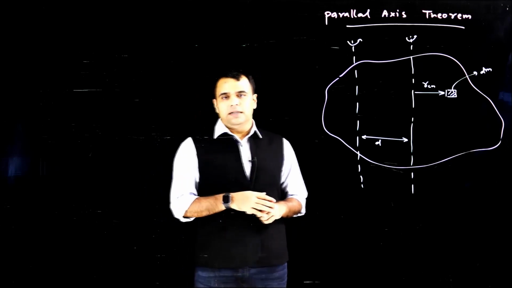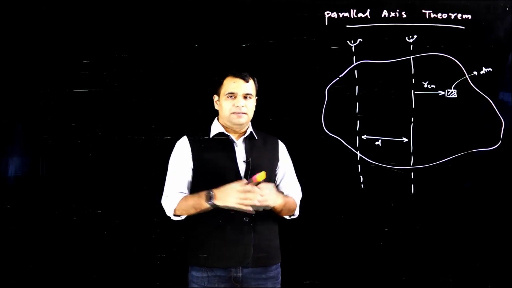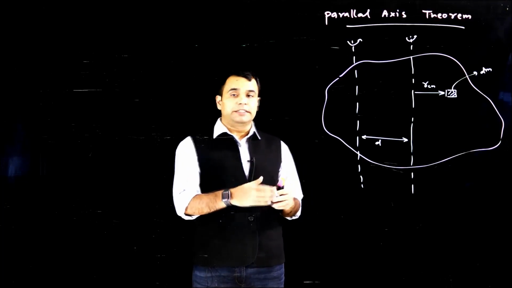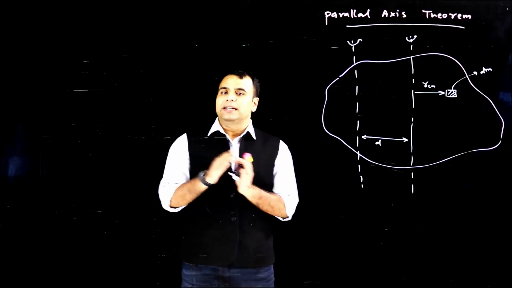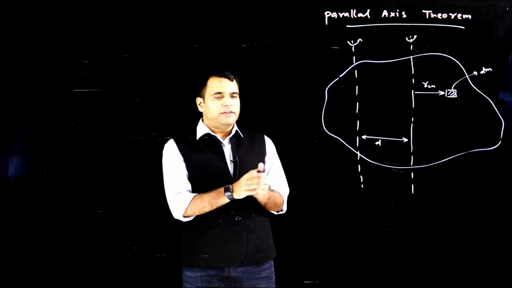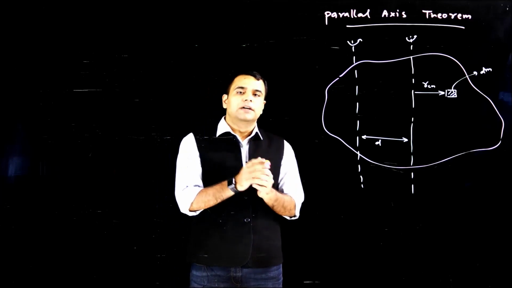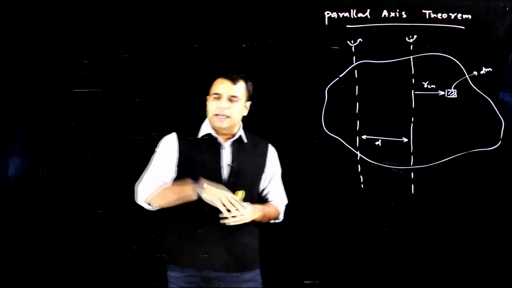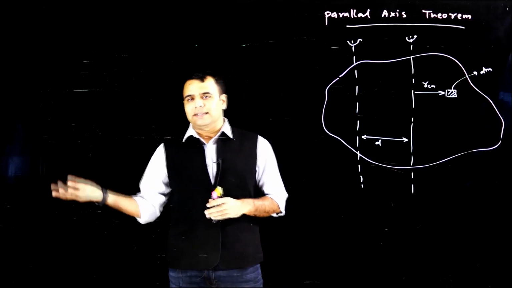And then we devise some method to further calculate the moment of inertia for the same body, but about different axes. If we remember the moment of inertia for that same body about one axis, from that axis we can get the moment of inertia about different axes.